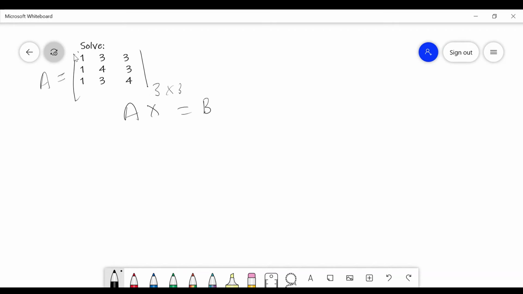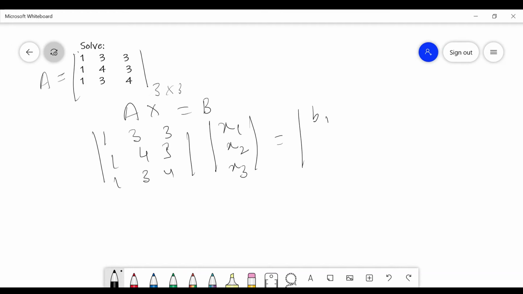So here A is 1, 3, 3, 1, 4, 3, 1, 3 and 4. So this is my A, and let's suppose x as x1, x2 and x3, and B as b1, b2 and b3.